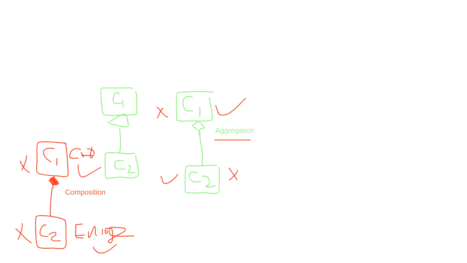Another thing is generalization. Generalization is nothing but inheritance only, as I told you in the beginning. In generalization, you will have multiple inheritance kind of stuff. For example, you have one class, class 2, class 3, class 4, and so on. So I can write it like this.